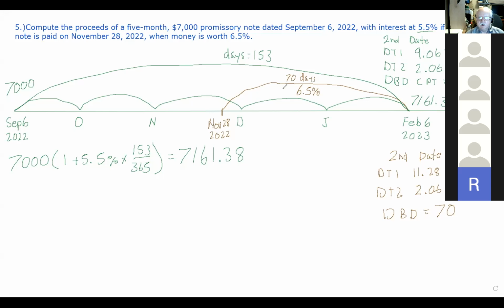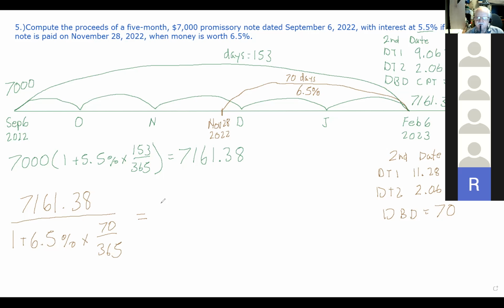And now we can work backwards because we know the maturity value. So what we're solving now is 7161.38 over 1 plus, and now the new interest rate they want is 6.5% times 70 over 365. And I'm getting an answer there, but that's a weird answer because we're moving money backwards.